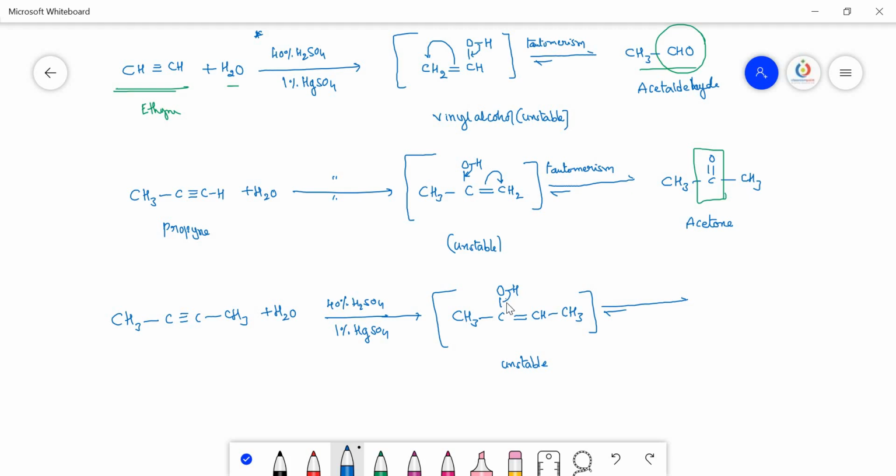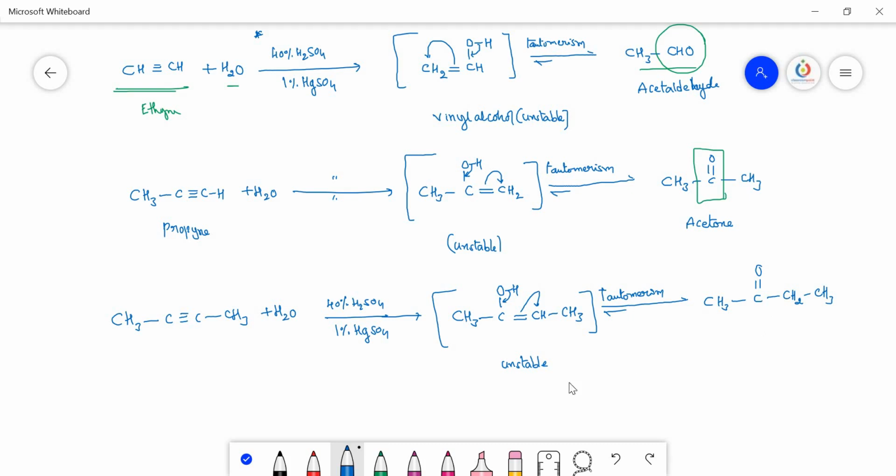Because OH is added to the double bonded carbon, again it undergoes tautomerism. So this is tautomerism. Just a rearrangement of the atoms takes place. Tautomerism is also a type of functional group isomerism. We have to call it either tautomerism or functional group isomerism.